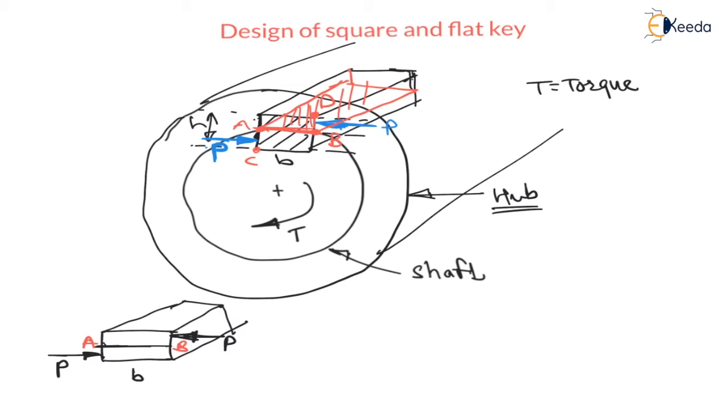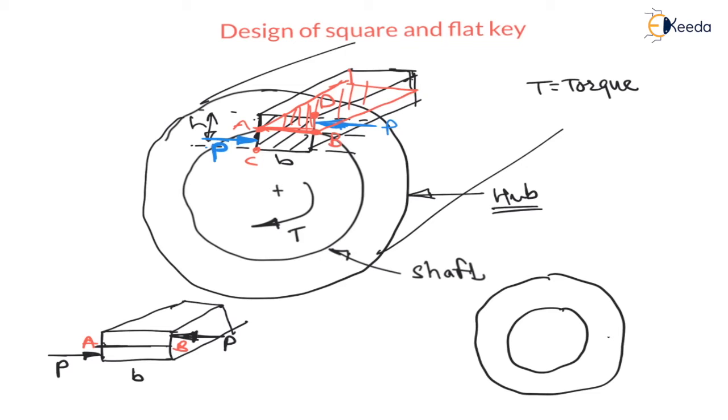Here you can see, let us say this is a shaft, and on this there is a hub, and the key is lying between the hub and shaft. Let us say outside is the hub and the key is lying over here at this location. Whenever one component is lying between two other components, there will definitely be crushing or bearing.